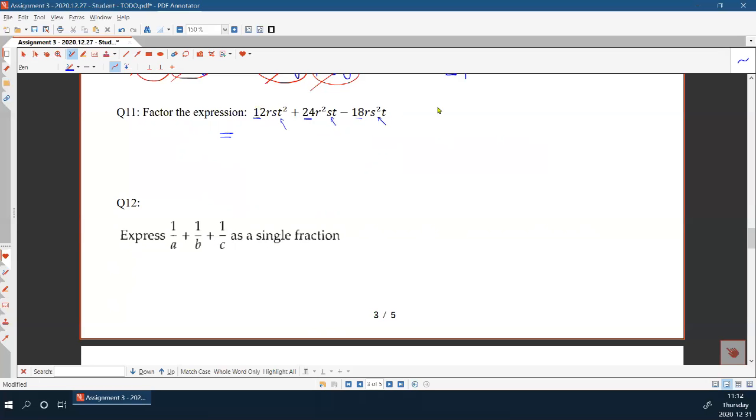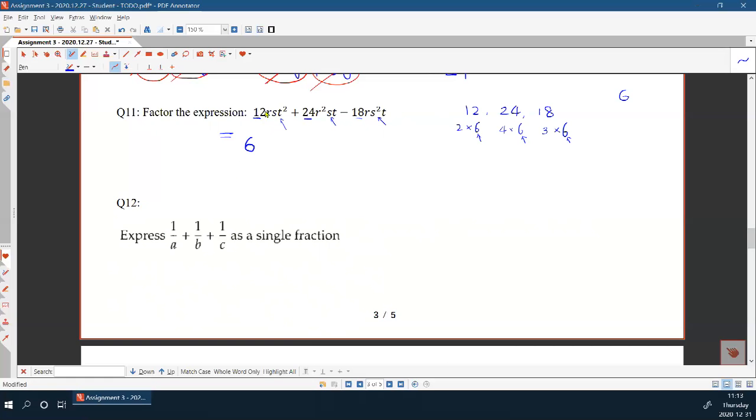For all the coefficients, 12, 24, 18, what is a common factor? Apparently this is 6, right? Because 12 is 2 by 6, 24 is 4 by 6, 18 is 3 by 6. So the common factor here is 6, right? So here we have a 6 first.